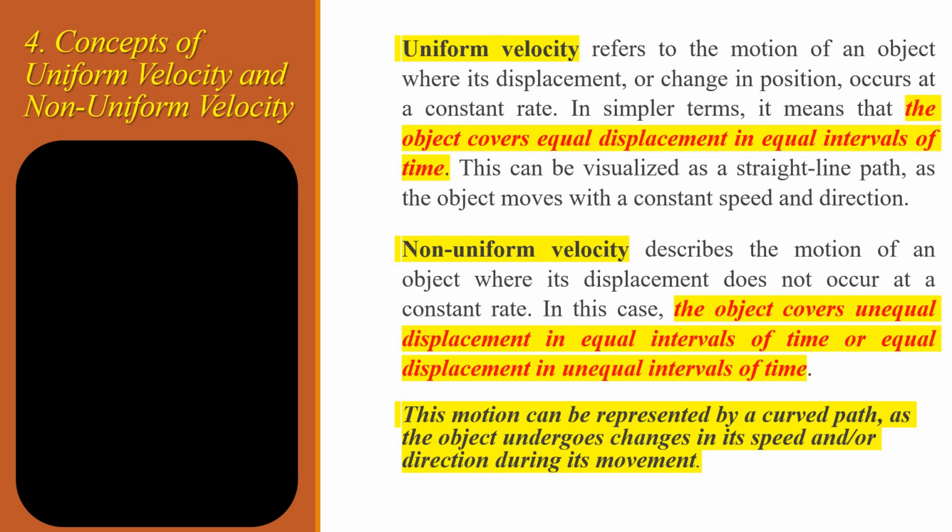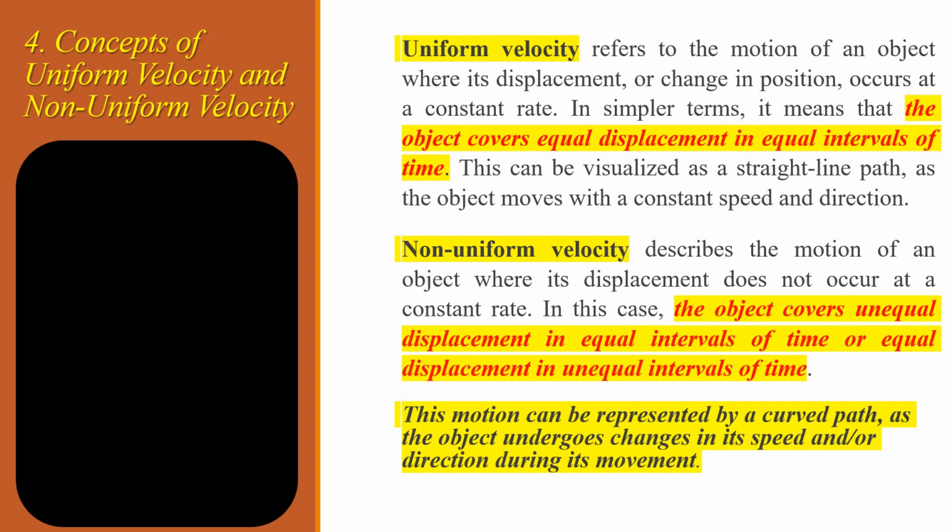This word constant is very, very important. In similar terms, it means that the object covers equal displacement in equal interval of time. Fine. This can be visualized as a straight line path as the object moves with a constant speed and direction.